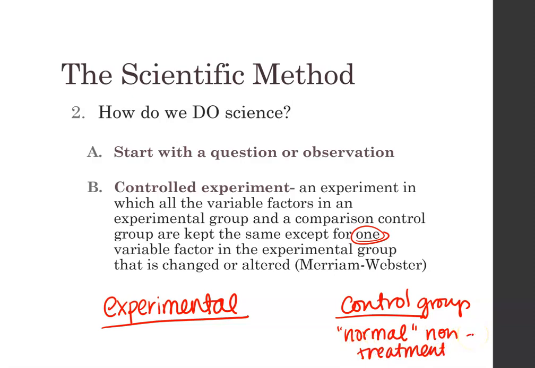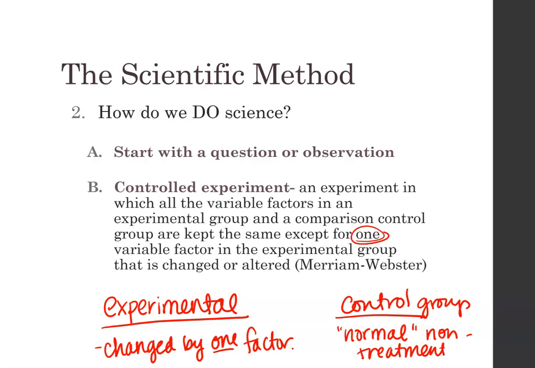You get to decide what is normal and non-treatment, but they are the group that is not receiving any change. The experimental group is the one that is changed by one factor, and that is the factor that you think is the cause for the phenomenon.